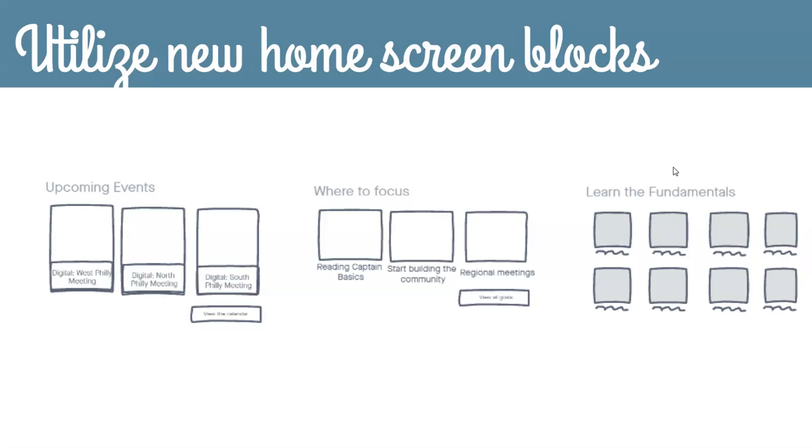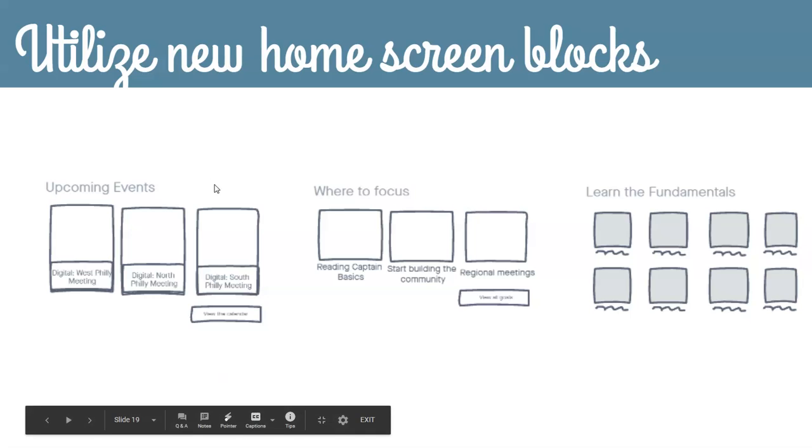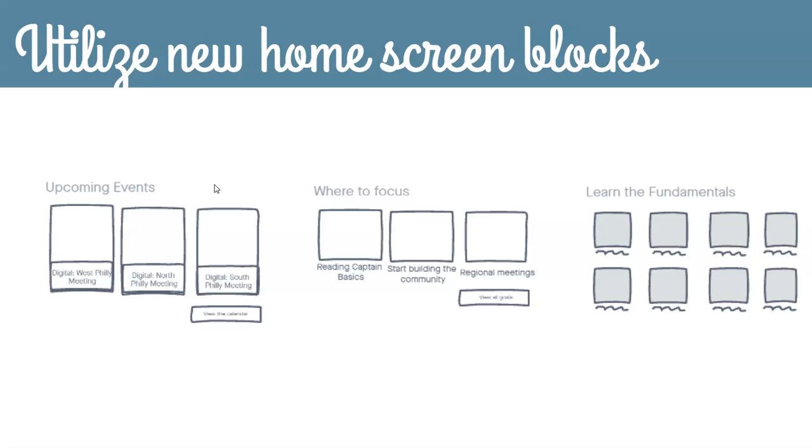Another way to increase habits is to utilize the new home screen blocks. If you do have upcoming events, we highly encourage you to use this new home screen block for upcoming events. It looks similar to this. Make sure that you're on the newest version, which is 6.9.10, so that this will actually be available on your home screen. Another one is to make sure that people are focused by giving them goals and making those goals very apparent.